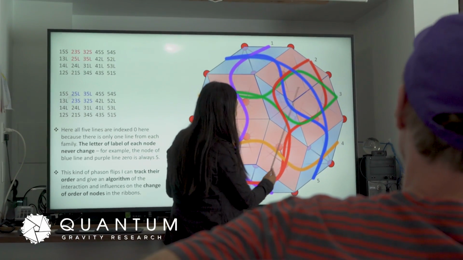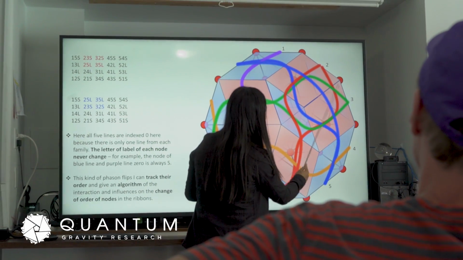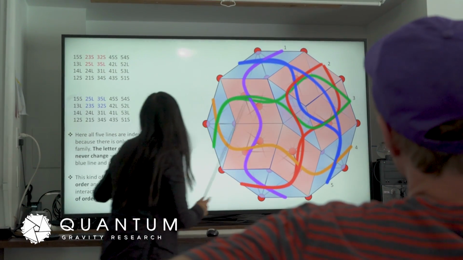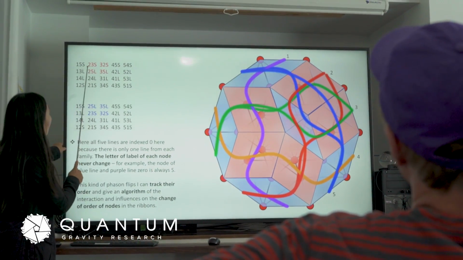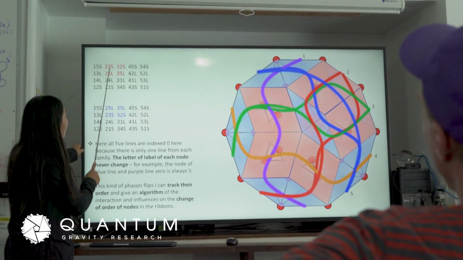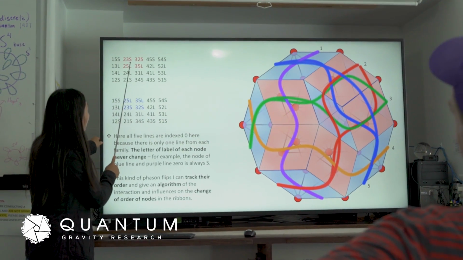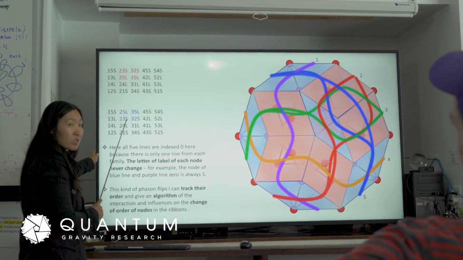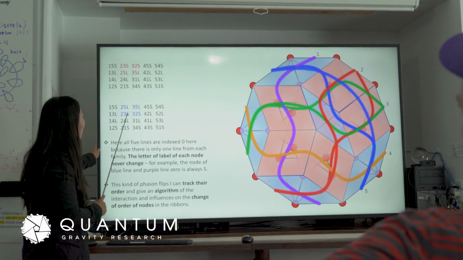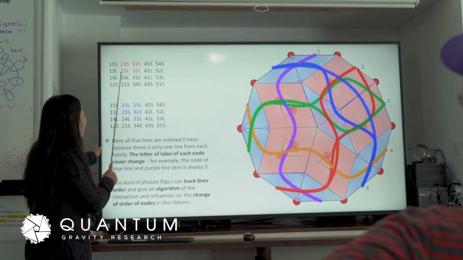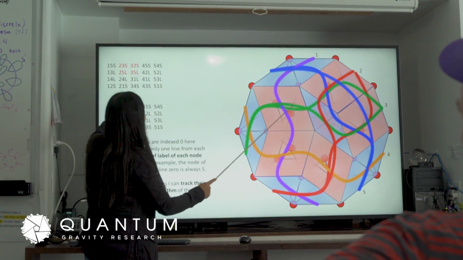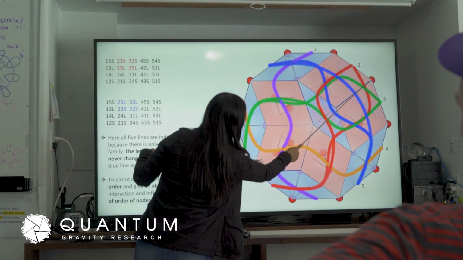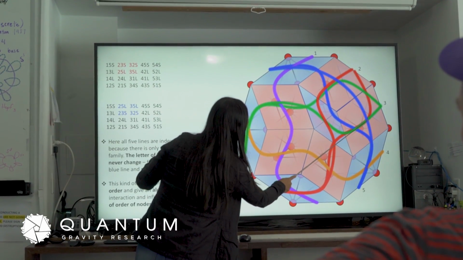The node changes position from this thin rhomb to this thin rhomb, but it's still an S. Before, ribbon 2 and ribbon 3 intersect at the S node, and after, ribbon 2 and ribbon 3 also intersect at the S node. But what's changed is that originally the 2 and 5 intersected at the fat rhomb here, right?